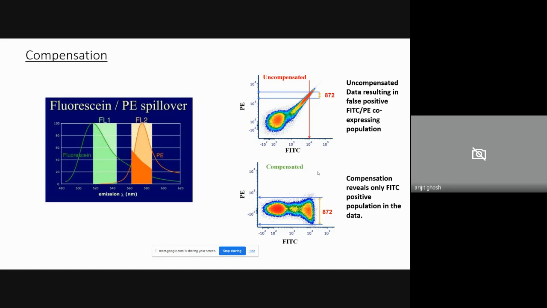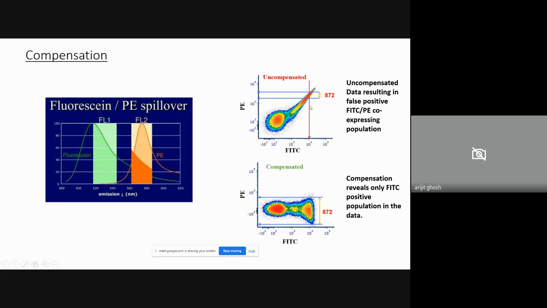Here you can see there are two fluorochromes, FITC and PE, and they are both excited by the blue light, but in some regions their signals overlap. In the uncompensated data plot, you can see that the signal of the FITC is falling on the channel of the PE.